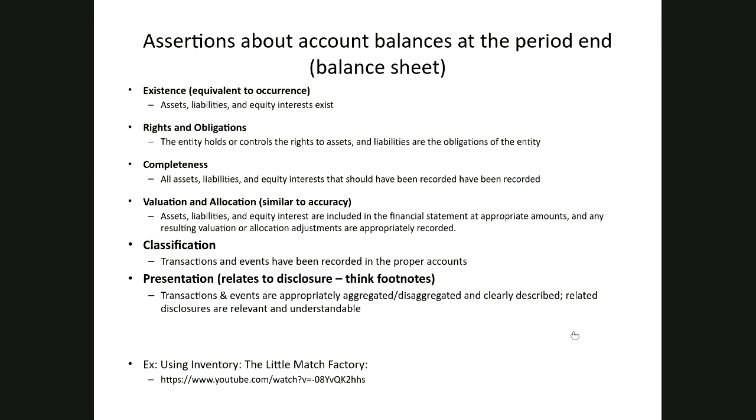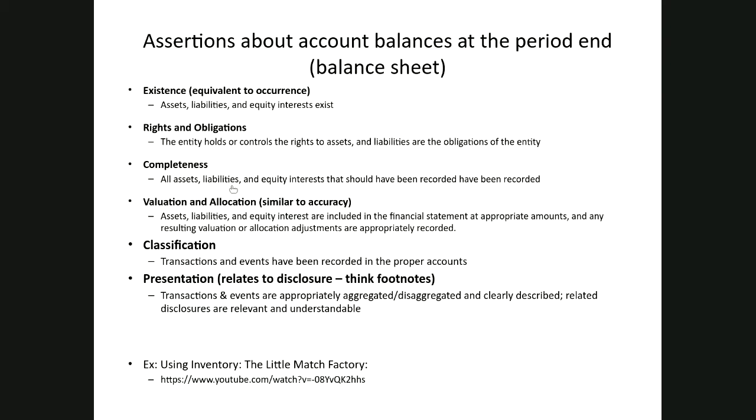The first two I would like to talk about are called existence and completeness. And these are really opposite of one another. Existence is the assertion that assets, liabilities, and equity exist, whereas completeness is that these accounts that should have been recorded have been recorded.